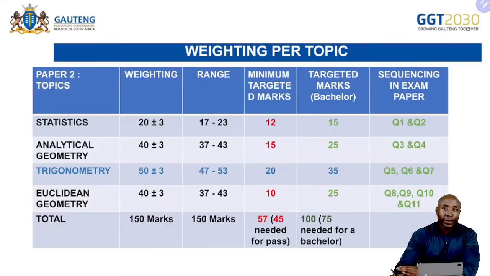If Euclidean geometry on the question paper is too easy for you, start with Euclidean geometry, answer everything that you know well whilst you have time, and then you go back and finish up those parts that are giving you a hard time.